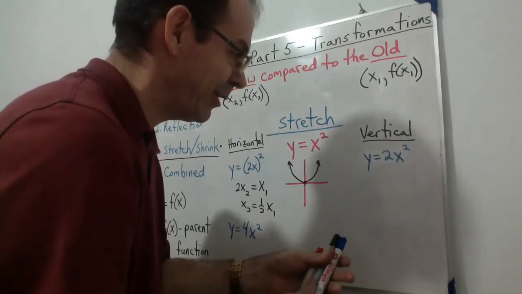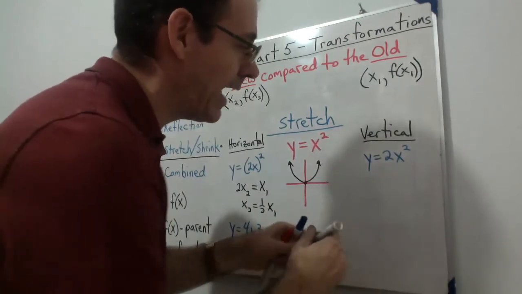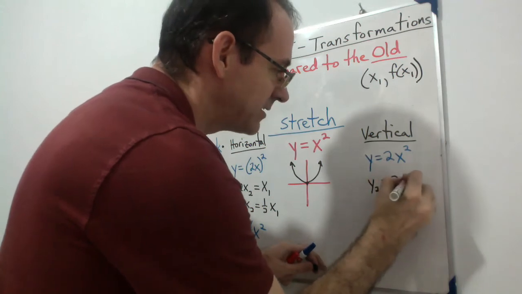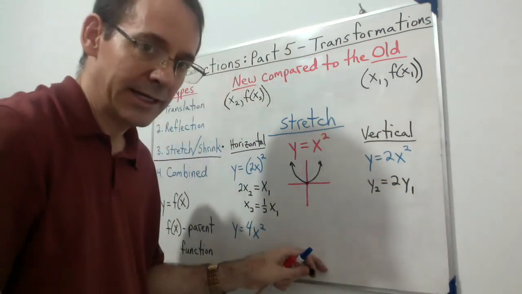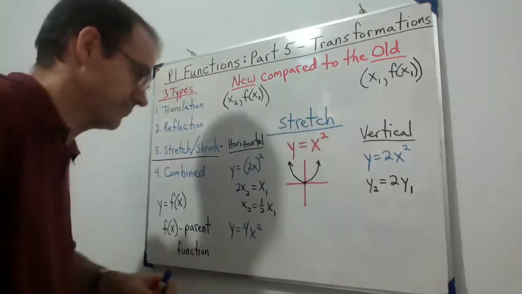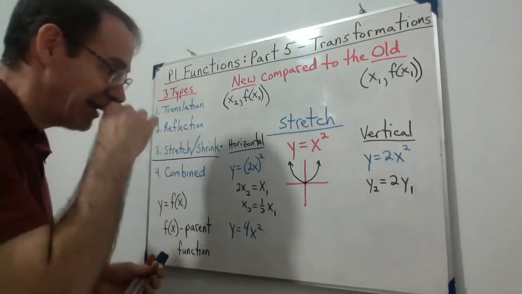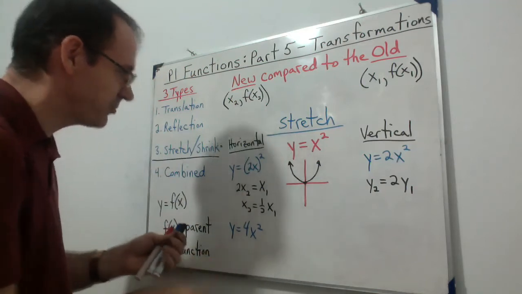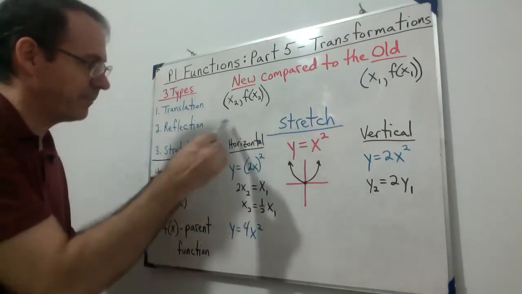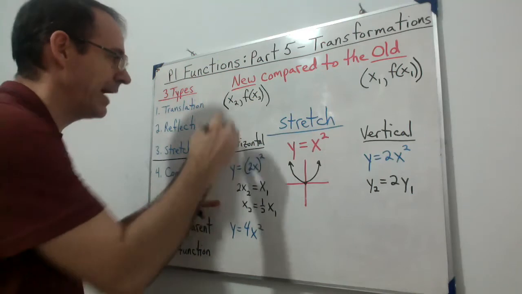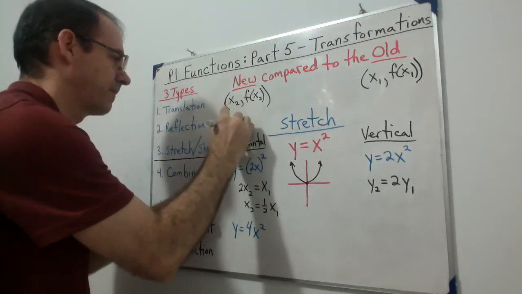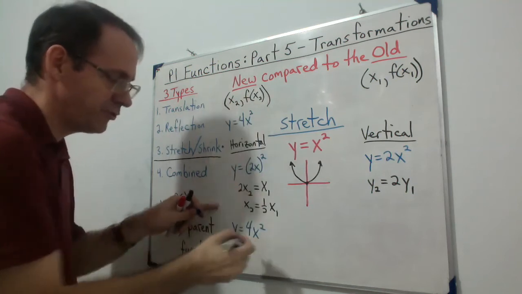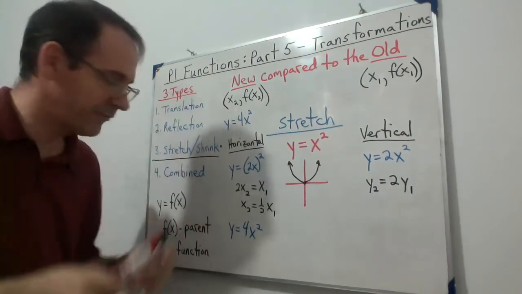Now over here, our new y is actually twice the old y, okay? So let's graph this one. Just remember, I'm going to move this up here so that we can refer back to it. But I wanted to do the algebra thinking first.